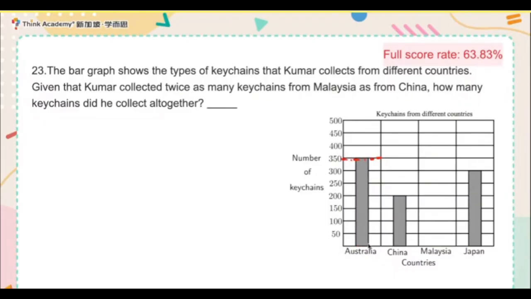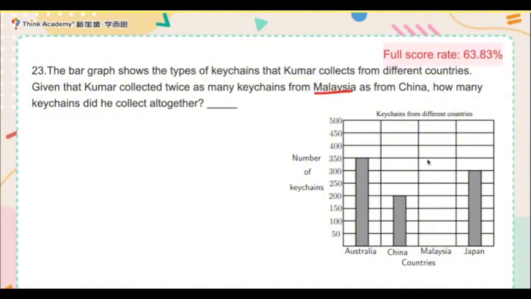So for example, this one means from Australia, there are 350 keychains. And this one means in China, there are 200 keychains from China.